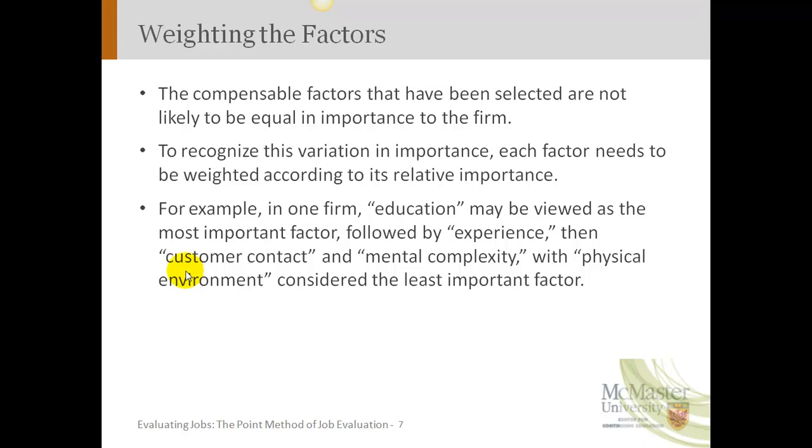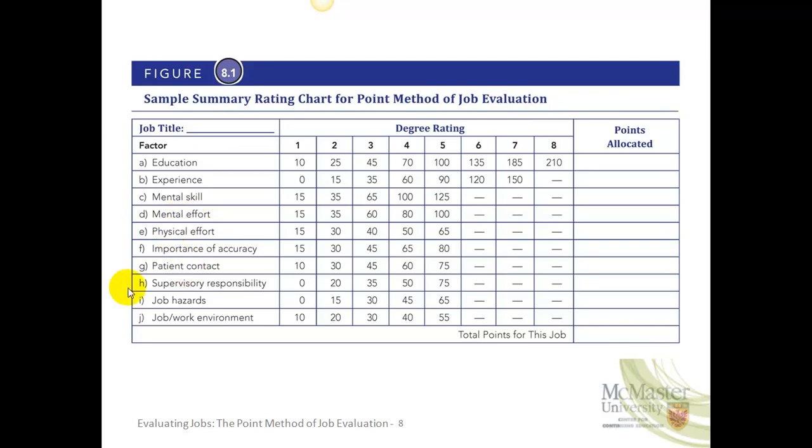Okay. So now, if you look at this chart here, we've done something like this for some of the compensable factors in a particular job. Now, this could apply to any job. So if you look at here, we're looking at measuring skill by looking at education and experience.